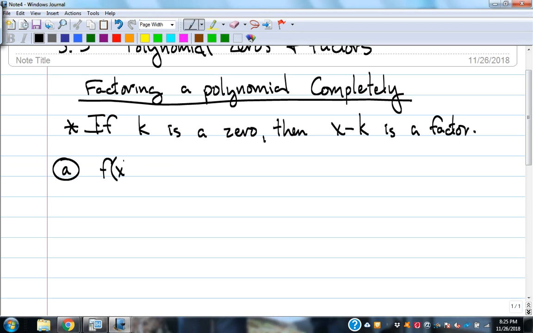Here's our function. Our polynomial is 3x to the 5th minus 2x to the 4th plus x cubed minus 8x squared plus 5x plus 1.